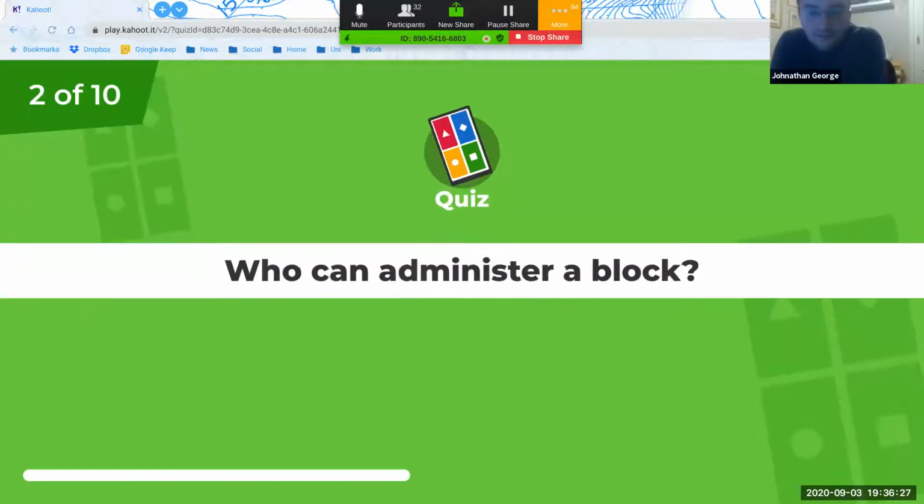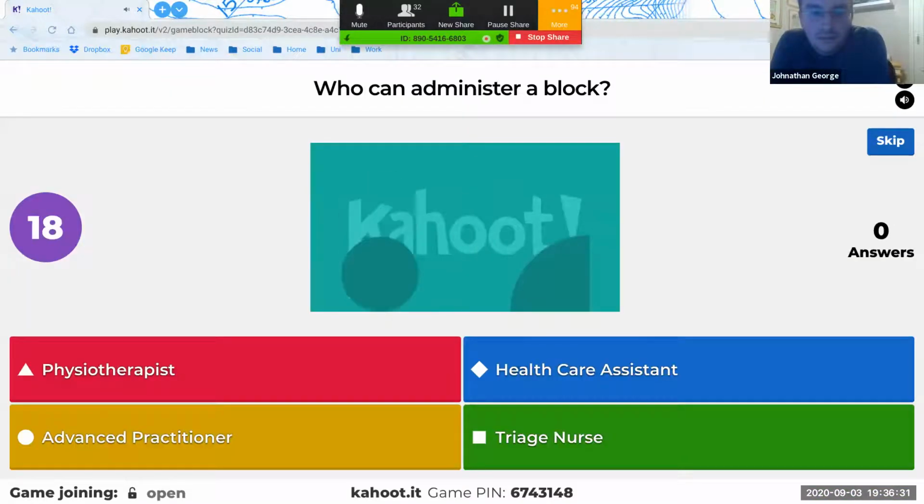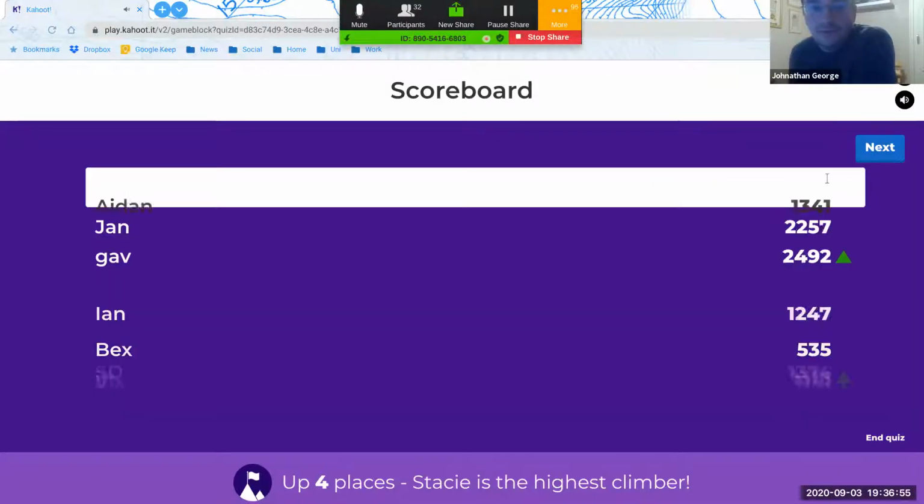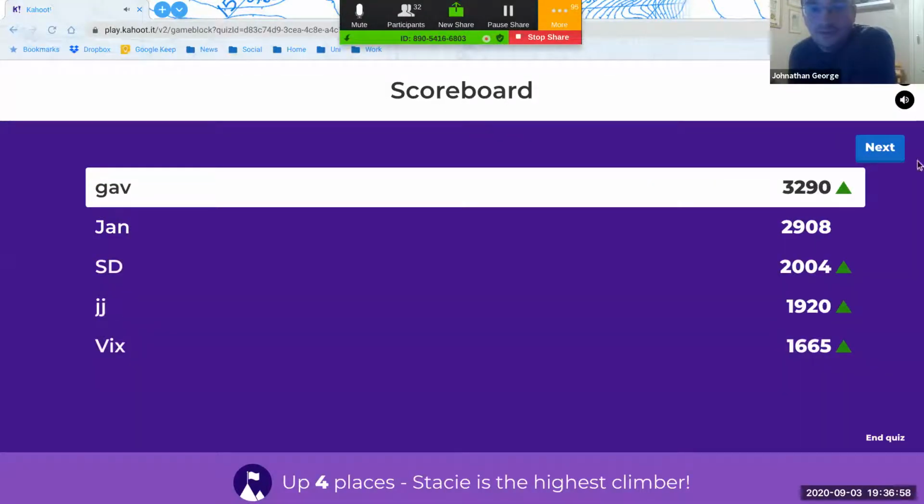So next. Who can do a ring block? Who has got this within their scope of practice? Fab. And now Gav is in the lead.